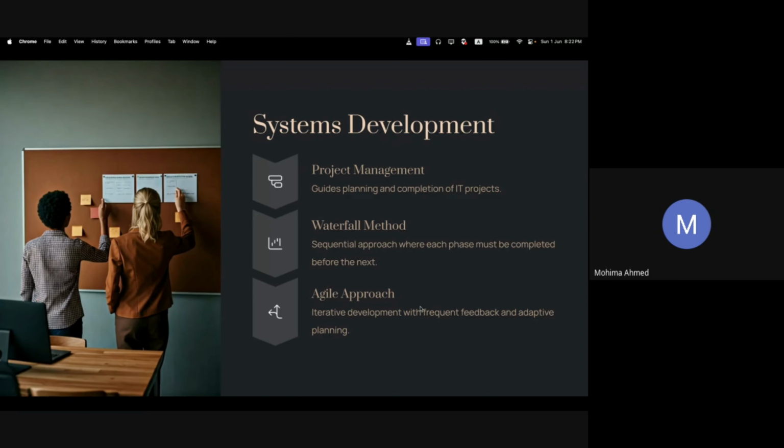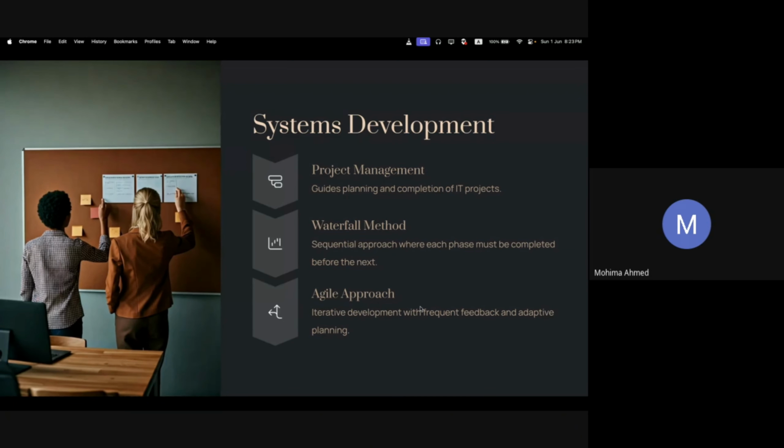Then in the world of software, they use a methodology called the waterfall method. Waterfall method is like a waterfall, right? The first stage is you gather the requirements, second you analyze, then you design, then you start the coding. So this is the step. In the waterfall method, you must complete one step and then you can proceed to the next step, right?